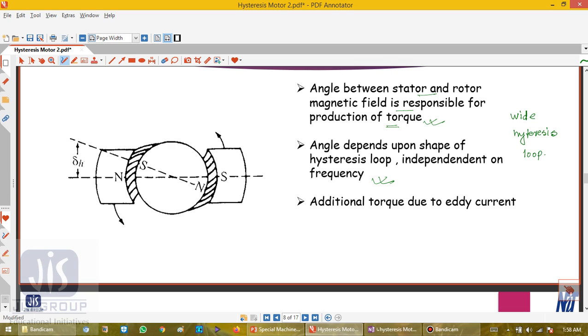So the material we should use for a hysteresis motor should have a wide hysteresis loop. Thus the coercive force and the residual flux density of the magnetic material should be large. And the ideal material should have a rectangular hysteresis loop.